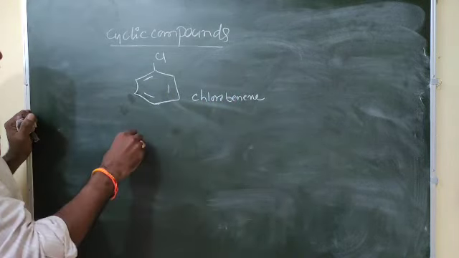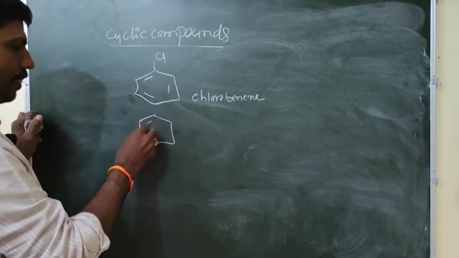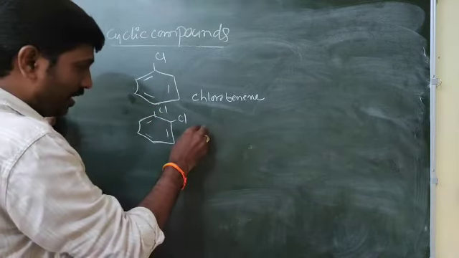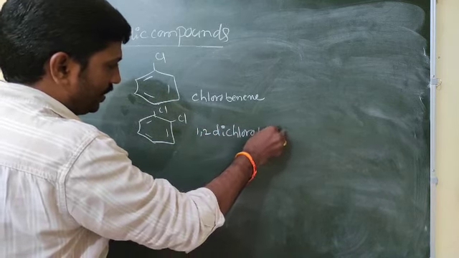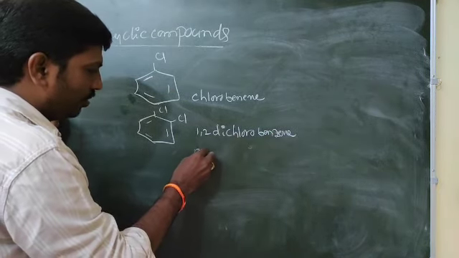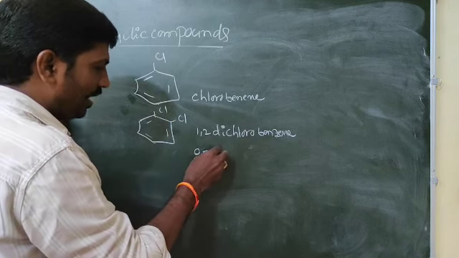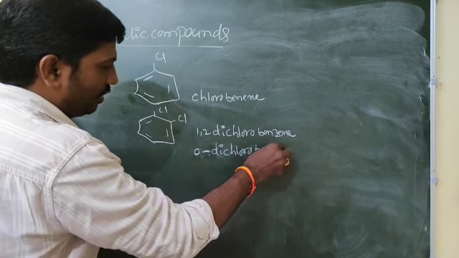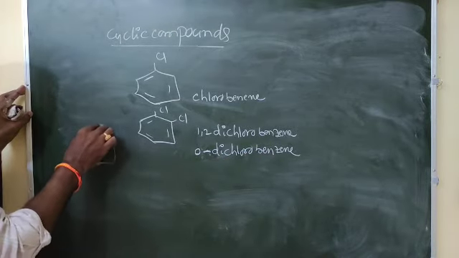Next, the same one having one chlorine here and one chlorine here: 1,2-dichlorobenzene, or ortho. O means ortho position, ortho-dichlorobenzene, the same for 1,2 position.